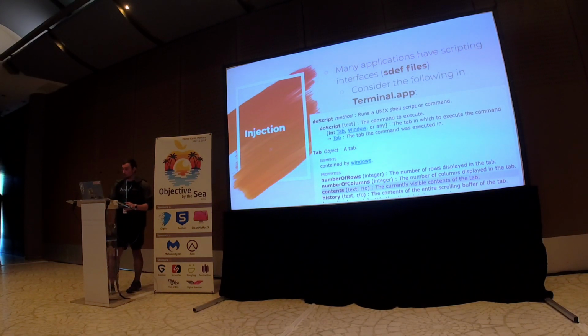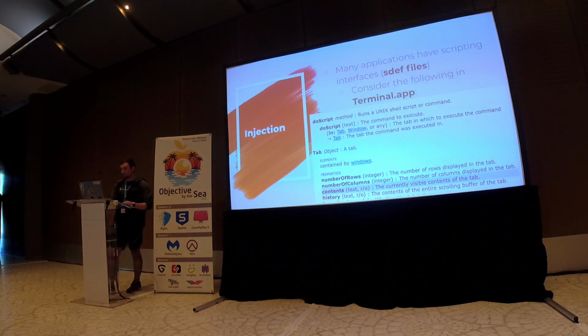So you can see here, not only can you say do this script, if Terminal.app is open, you can say, hey, in this terminal, in this tab, run this script. You can also say, hey, in this terminal, in this tab, show me everything that the user sees and show me the whole history for that tab. So you can kind of get all this sort of information programmatically.